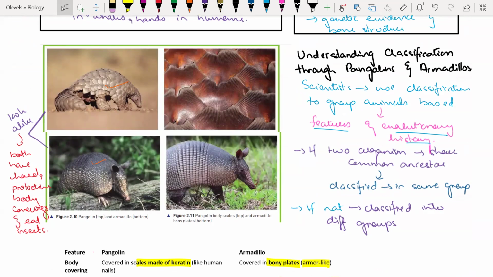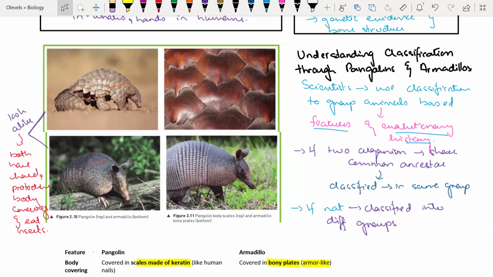Ma'am, pangolin and armadillos, are they in the same class? Okay, so your question is are pangolin and armadillos in the same class? Yes, both of them belong to the same class, that is mammals.